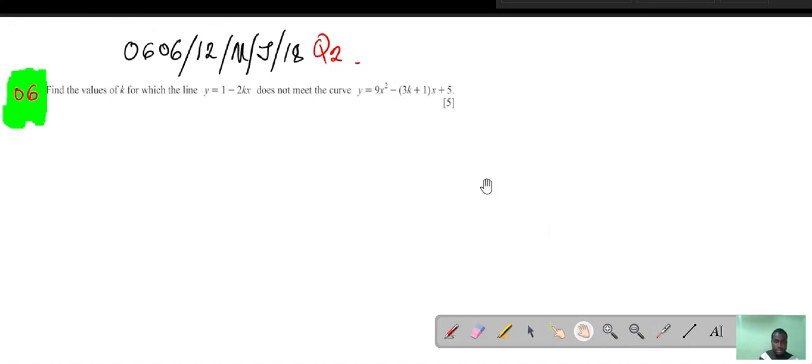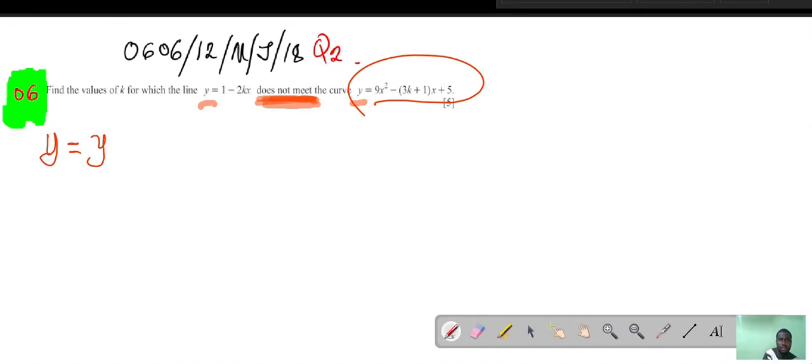Does not meet. Okay, first, we can identify the keyword here: does not meet. And we're also given 2 values of y. So first, we can quickly say y equals y. Let me use this y first.